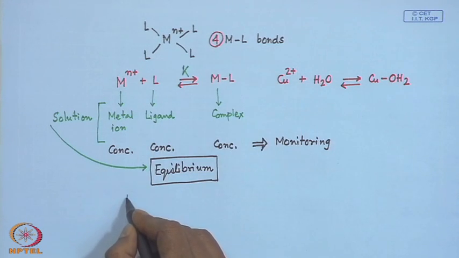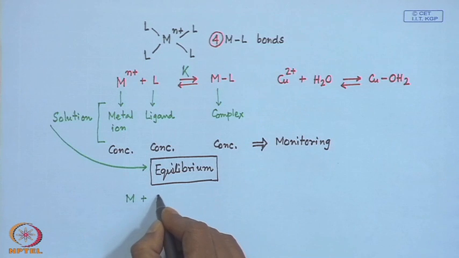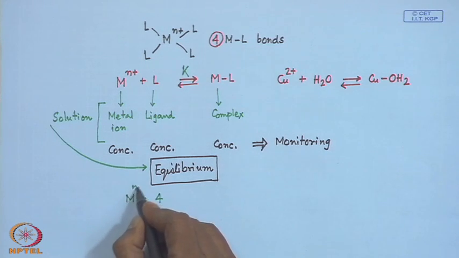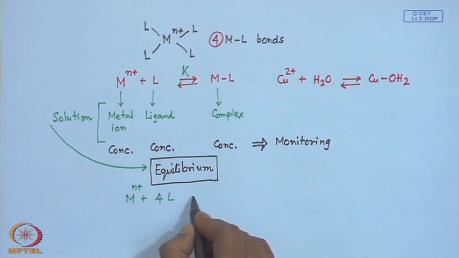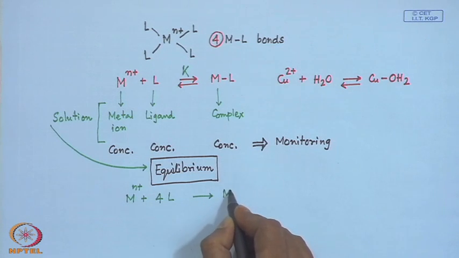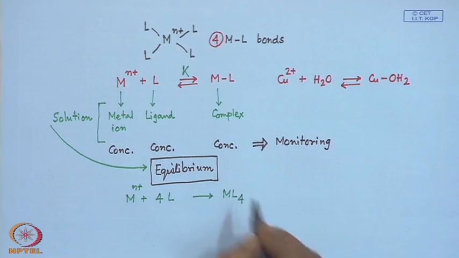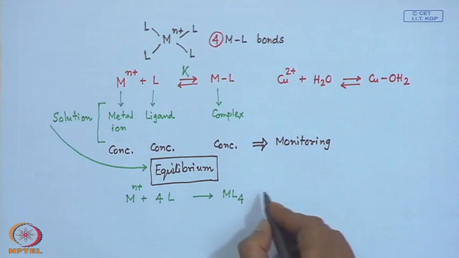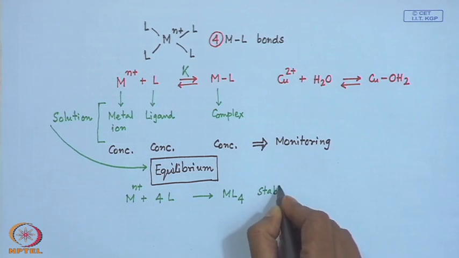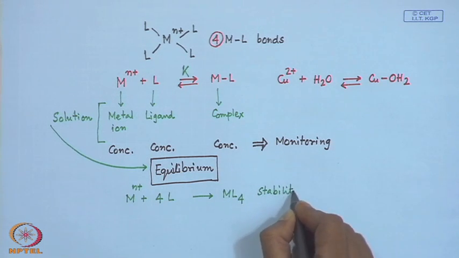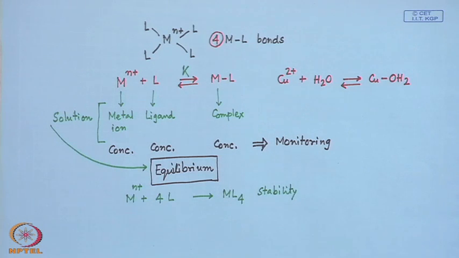That means, if we use M with 4L, do we get the ML4 species, and how stable is this ML4 species? That we can also monitor. So, the stability of the complex can also be found out by monitoring this equilibrium process.